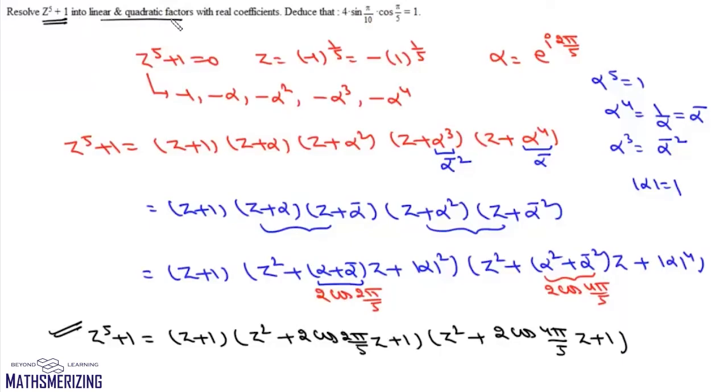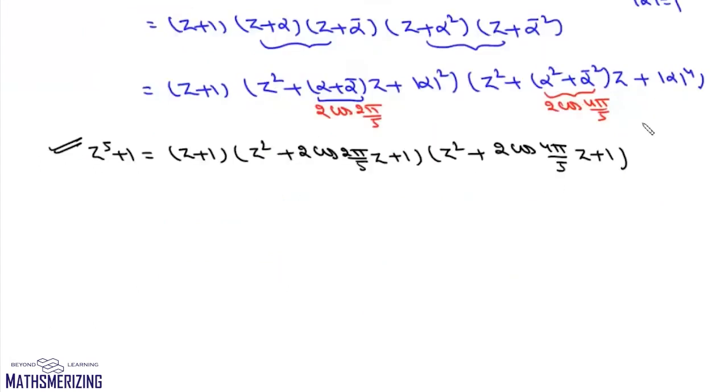Now using this, we need to deduce that 4 sin pi by 10 into cos pi by 5 is equal to 1. We'll write cos 4 pi by 5 as cos of pi minus pi by 5, and cos of pi minus theta is minus cos theta. So it will be minus cos pi by 5.